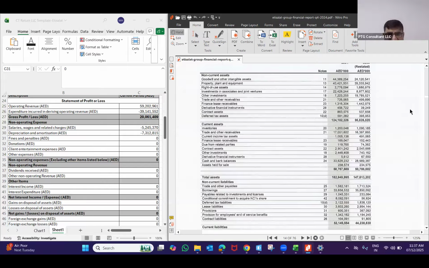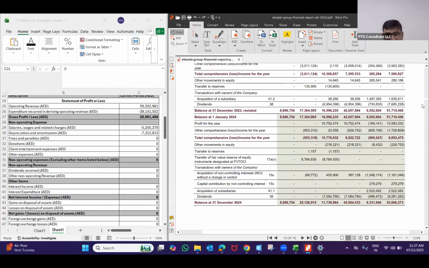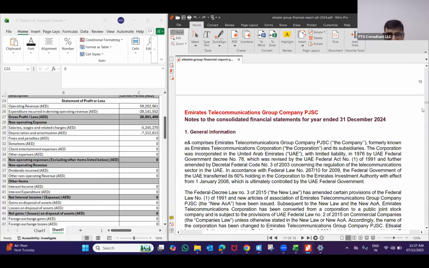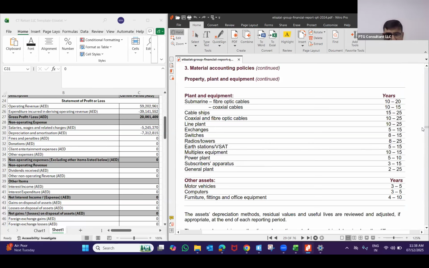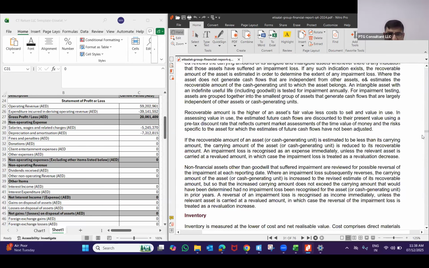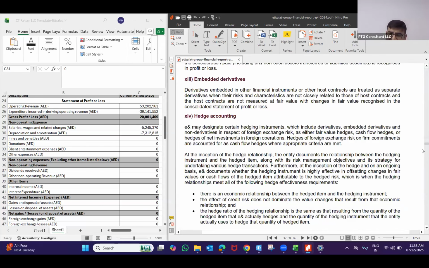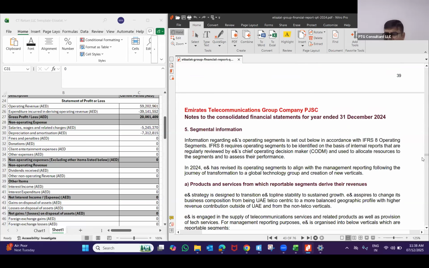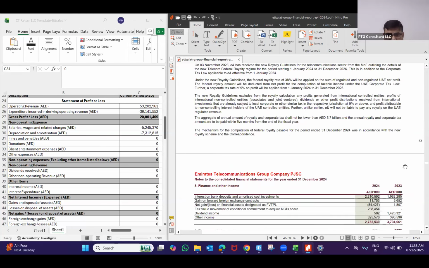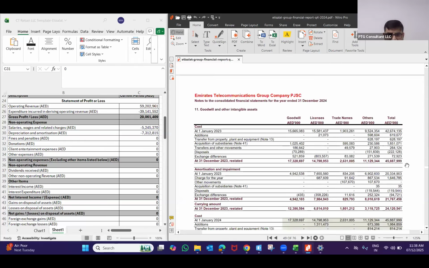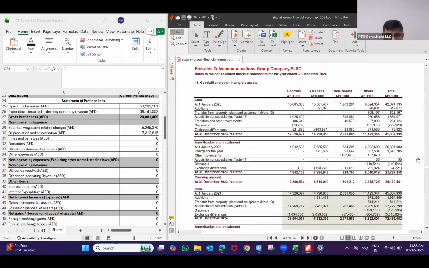Because here we have to see any other amortization part, maybe notes 11 and 13. Yes. Any other? No. Go from 11.